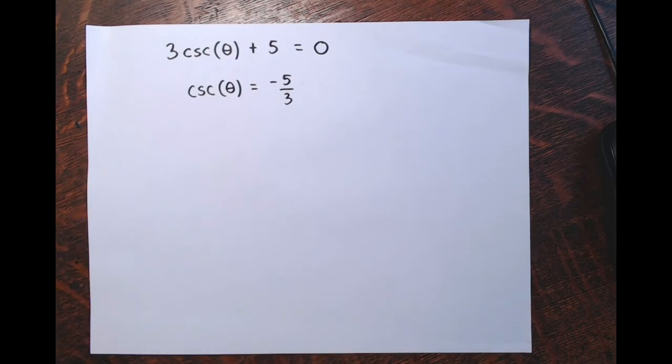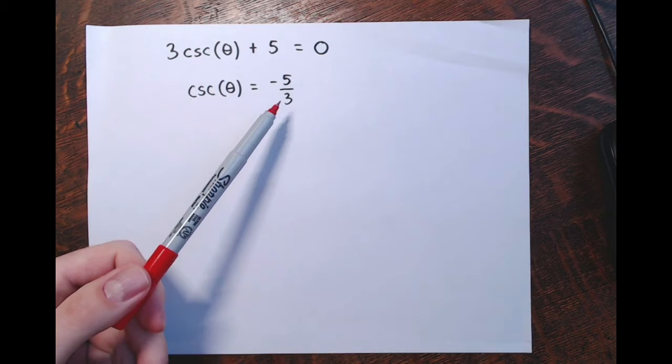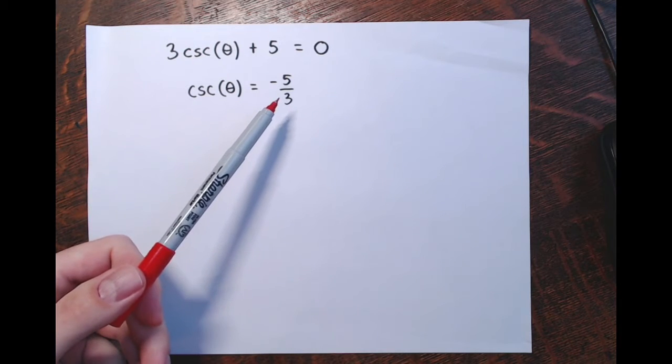Now negative 5/3 is not a nice number, that you should know. It's not a number related to any special angle like 30, pi over 6, pi over 4, pi over 3, anything like that. Right? It's not 2 or negative 2. It's not 1 or negative 1.